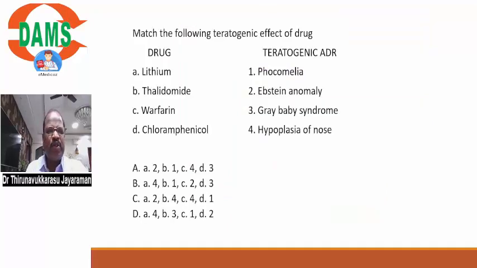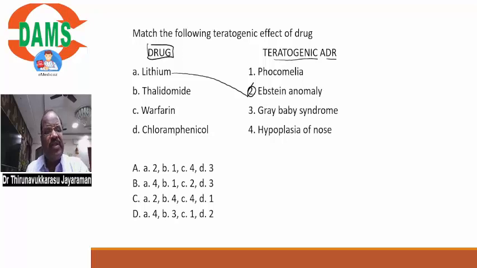Okay. The next question. Matching type of question. Match the following teratogenic effect of drug. The given drug name and the teratogenic adverse effects. I think straight question. Lithium, a drug useful in bipolar, causes Ebstein anomaly. So A means 2. Thalidomide.